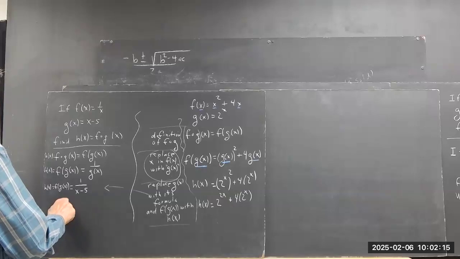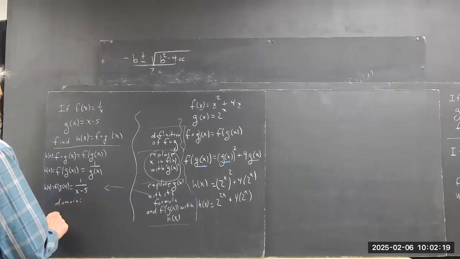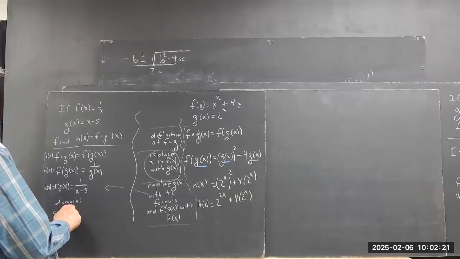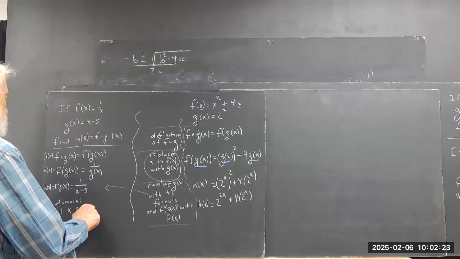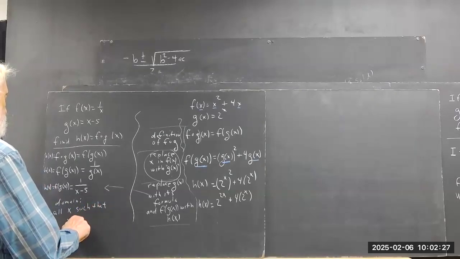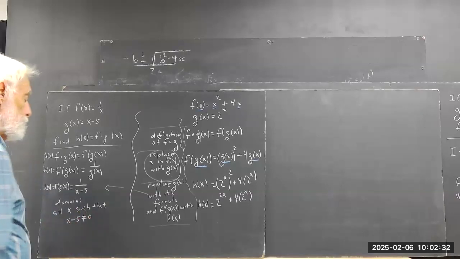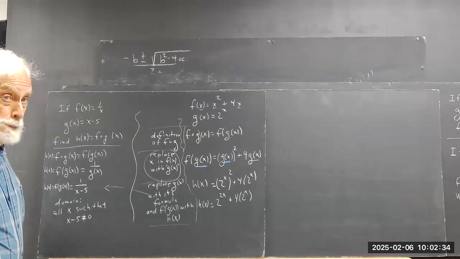Okay, domain. Such that x minus 5 is not equal to 0, right?